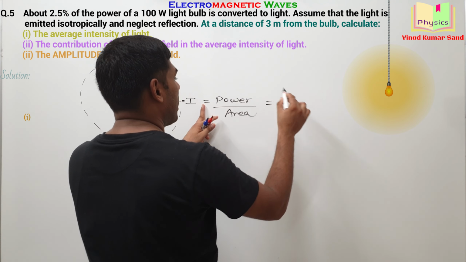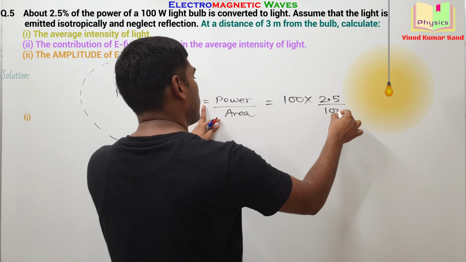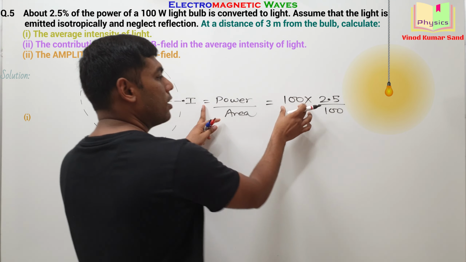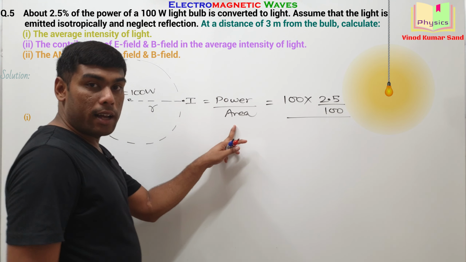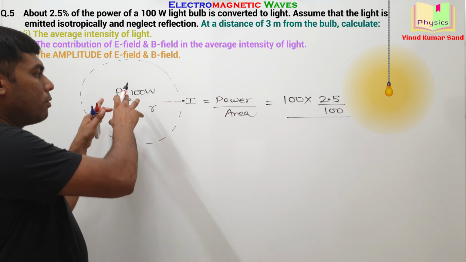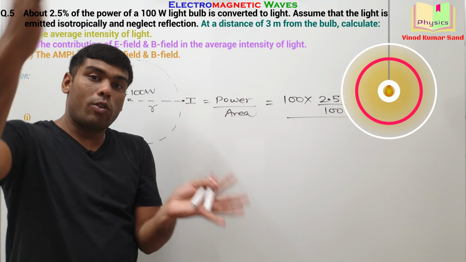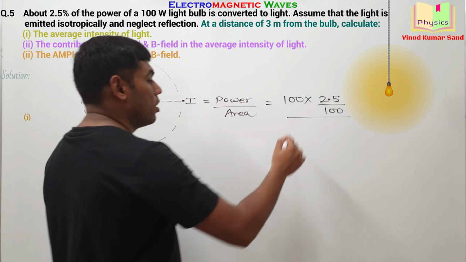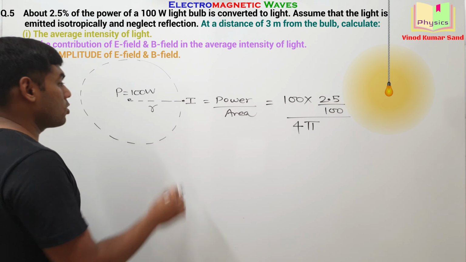So I should write here 100 into 2.5 by 100. This is 2.5% of the 100, divided by area. This power is being distributed on the surface of a sphere. So area for the surface of the sphere is 4 pi into radius square.